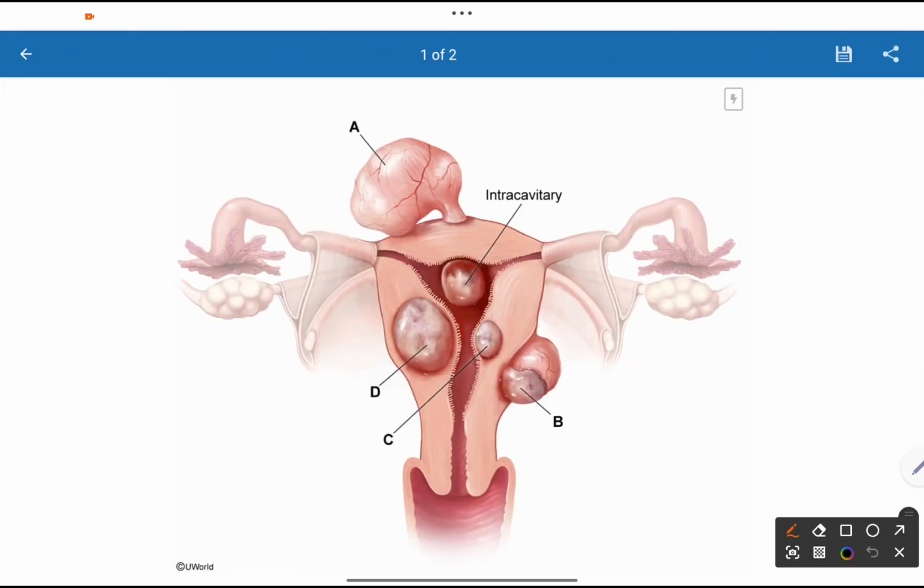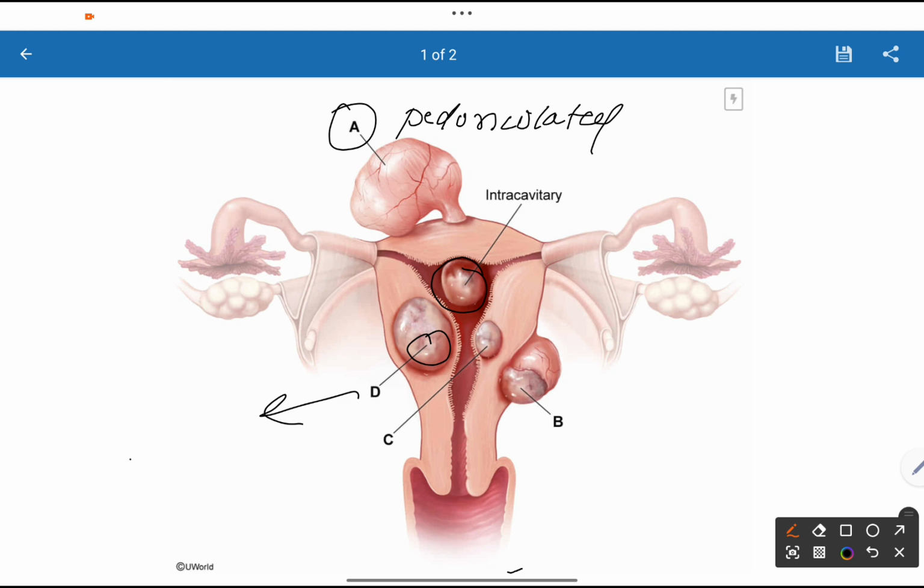So this one, I think, is also a type of fibroid. Since it is inside the cavity, it is called an intracavitary fibroid. This is called a pedunculated fibroid, and this one, since it is inside the uterine wall, I'd say intrauterine fibroid.